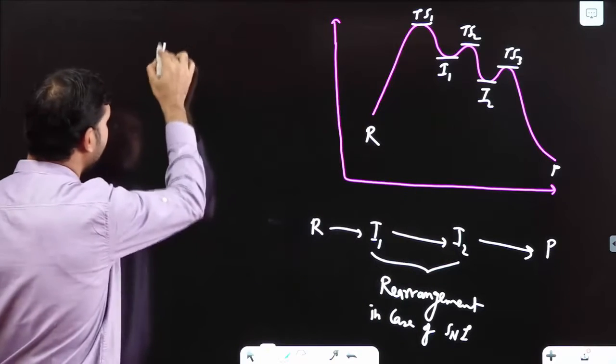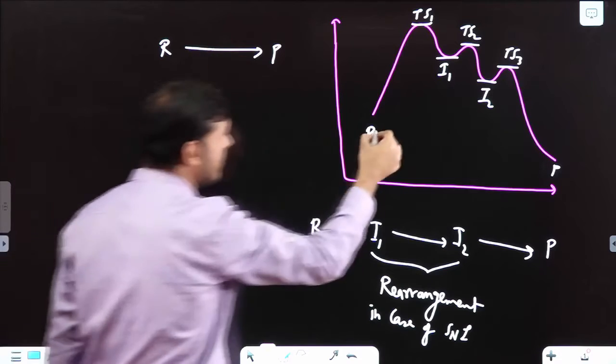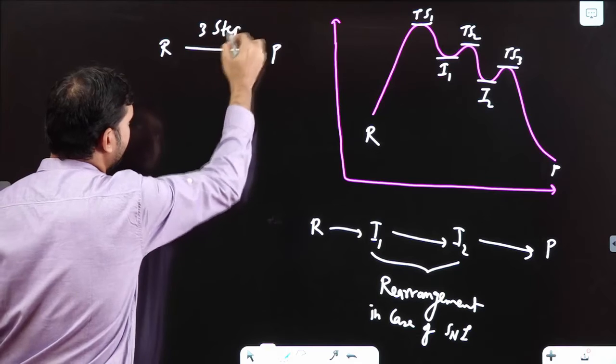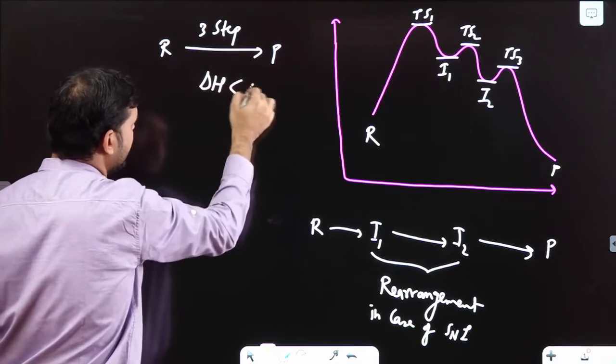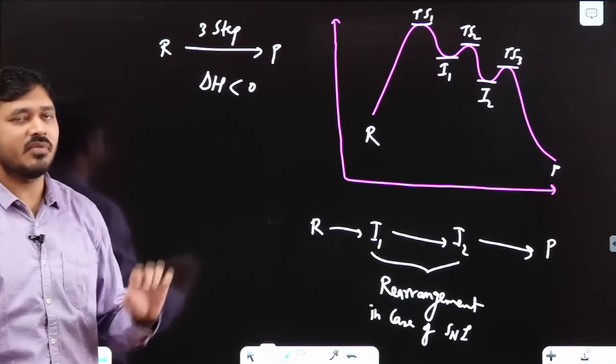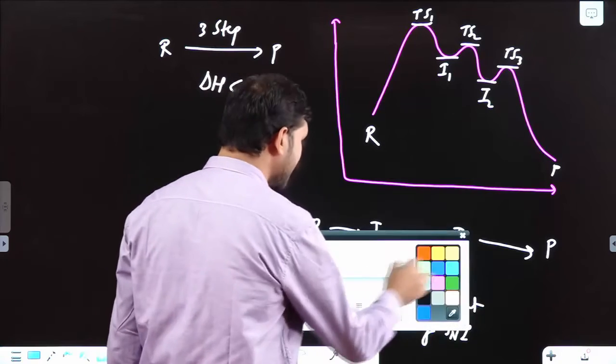So if I am telling reactant to product, how many steps? First step, second step, third step. 3 steps, delta H less than 0. Clear to you? So such graphs will be formed. One more observation in such graphs is this part.